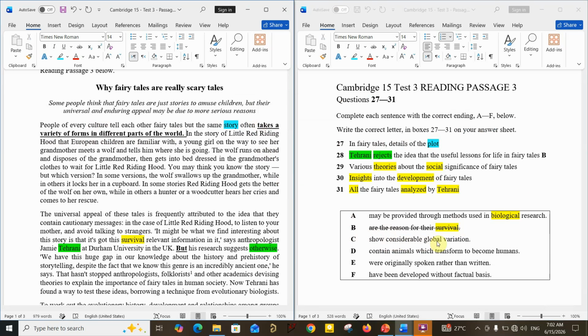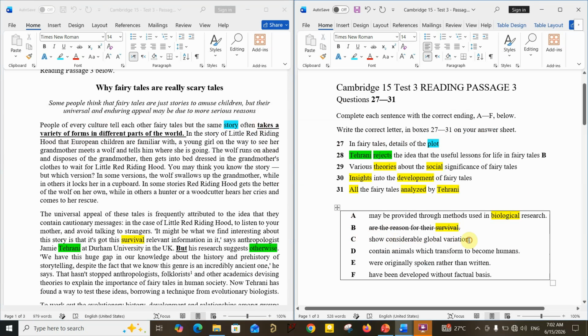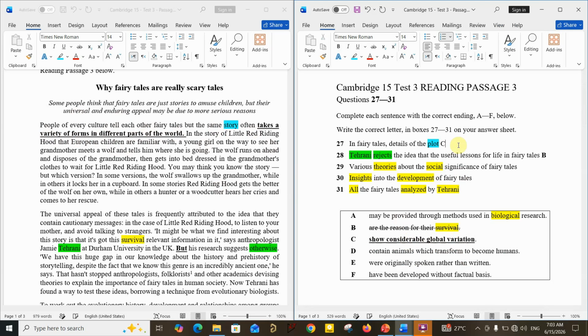Show considerable global variation. This is exactly the same paraphrase. A variety of forms in different parts of the world. In different parts of the world means global, and variation. Here it says a variety of forms. So this is completely the same. The answer is C for this question.